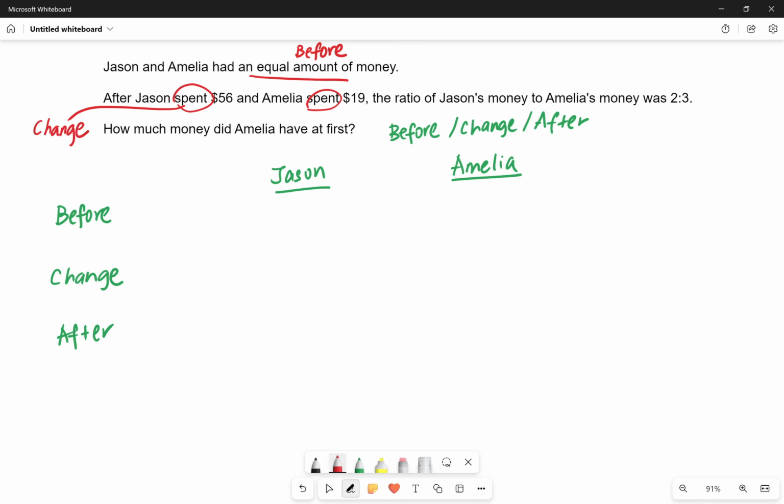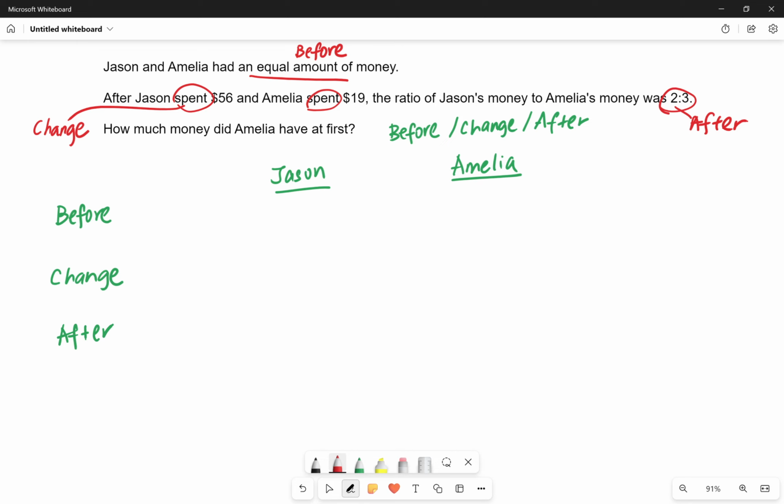And of course, lastly, the ratio 2:3 representing the amount of money that they have left will be the after effect of what they had left after they had spent the money that they had in the first place. So before, change, after, we are now going to put this information from the question into this table.